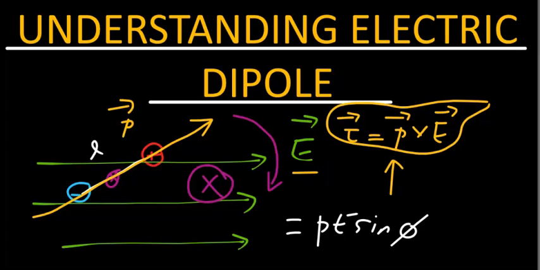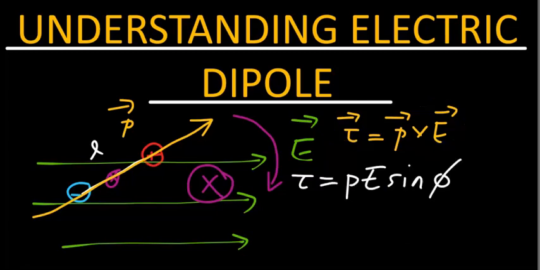So that is the direction of this torque. The direction of the torque is directed into the page, tending to rotate the dipole moment clockwise. As you can see from this equation, the torque is greatest when these two vectors are perpendicular. When they are perpendicular, the angle is 90 degrees.